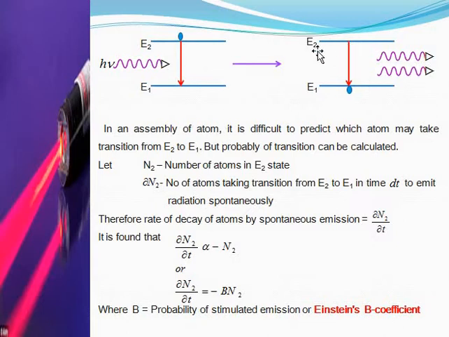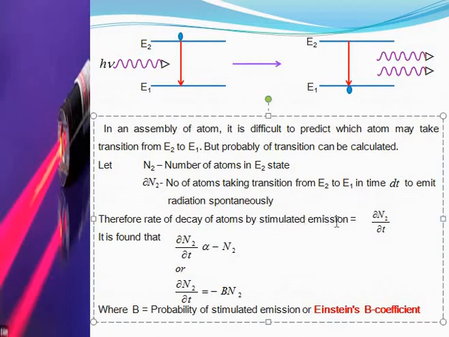So in an assembly of atoms, again we assume that the population of atoms in the excited state is larger. In an assembly of atoms, it is difficult to predict which atom may make a transition from E2 to E1, but the probability of transition can be calculated. Let N2 be the number of atoms in the E2 state, and dN2 be the number of atoms making a transition from E2 to E1 in time dt. Therefore, the rate of decay of atoms by stimulated emission is dN2 by dt.